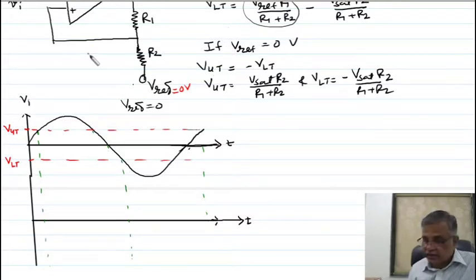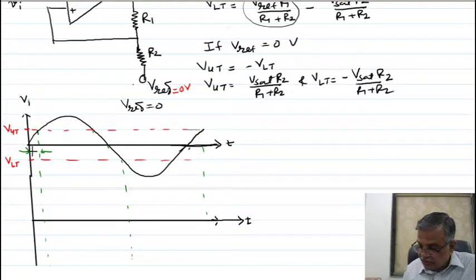Now in this comparator, if we are giving such a sine wave, then a symmetrical square wave is obtained, but the vertical edge of the square wave will not occur at the time when the sine wave signal passes through zero, but it is shifted by phase theta.